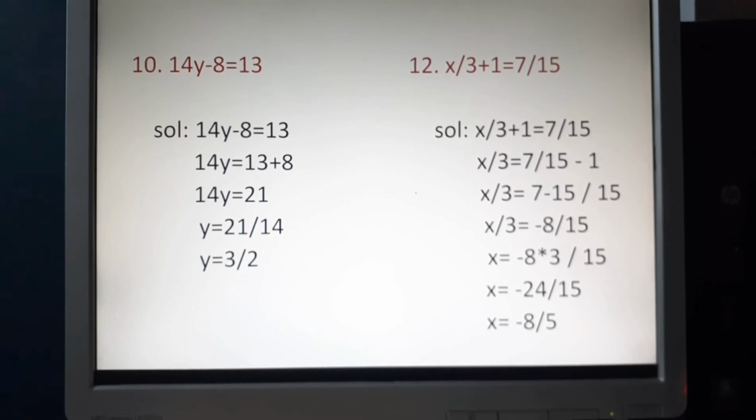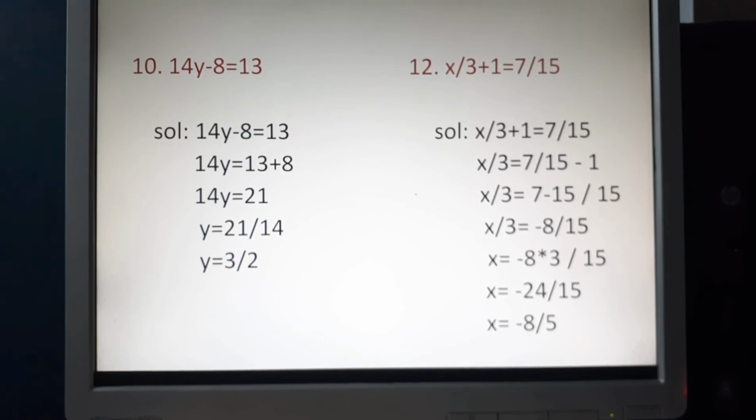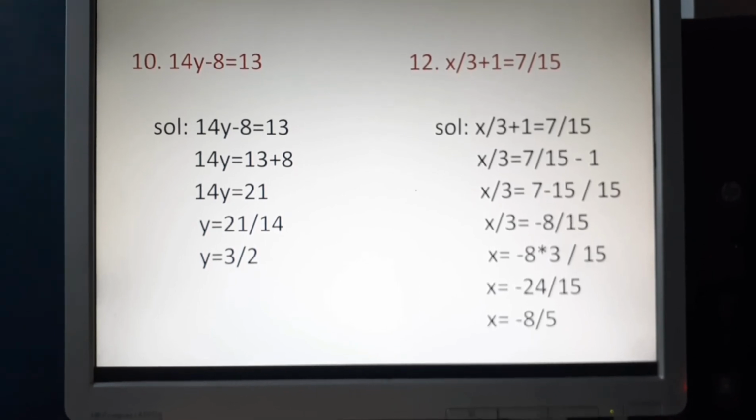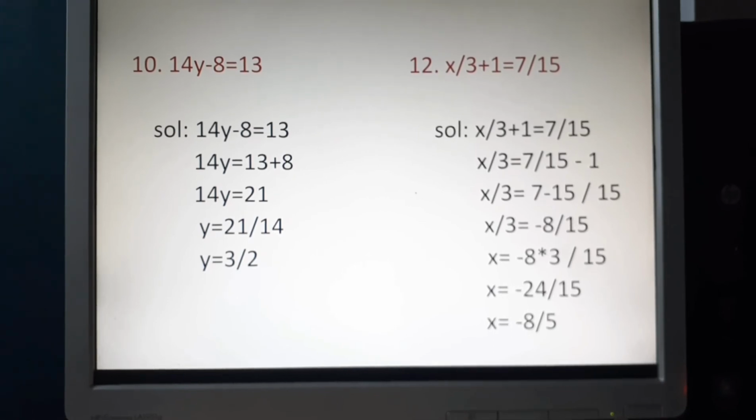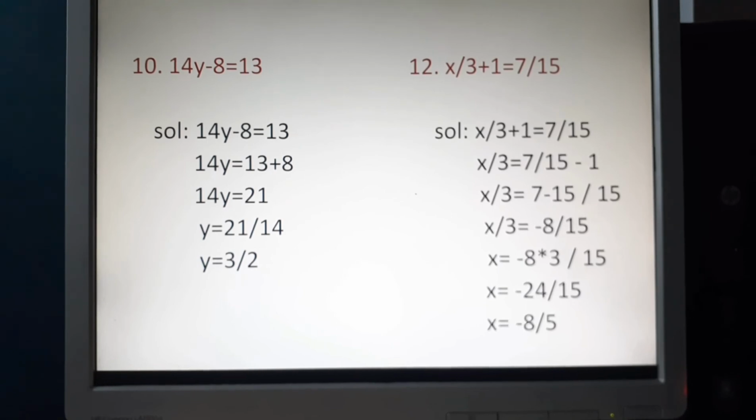14 comes this side. It comes under division. 14 and 21 both are divisible by 7. So 7 3s are 21. 7 2s are 14. We get y is equal to 3 divided by 2.